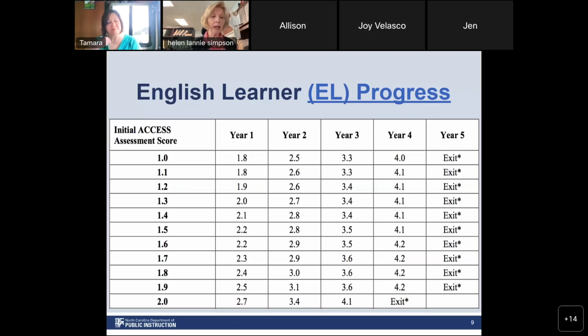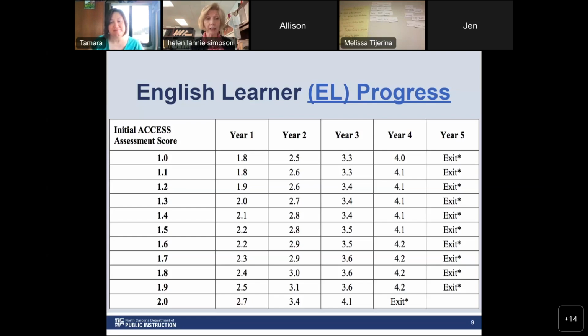That is a student's very first ACCESS score that they take. So, for example, if you have a multilingual learner enroll in kindergarten, this would be their initial ACCESS score. If you have a newcomer coming from another country, their year 1 in U.S. schools is going to be reflected by their initial ACCESS score.